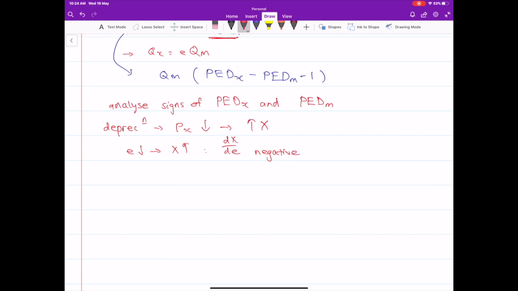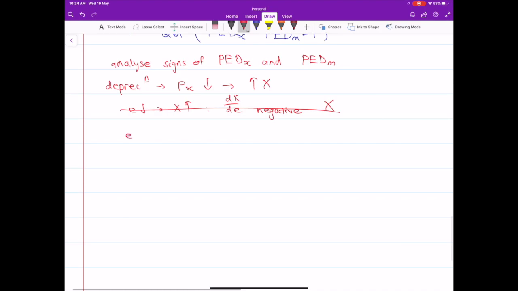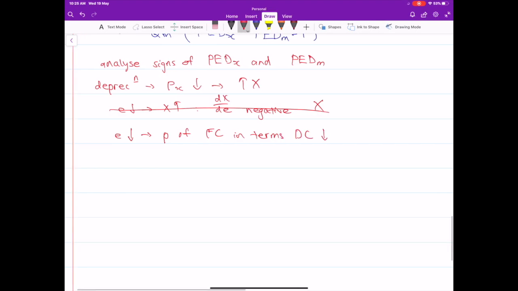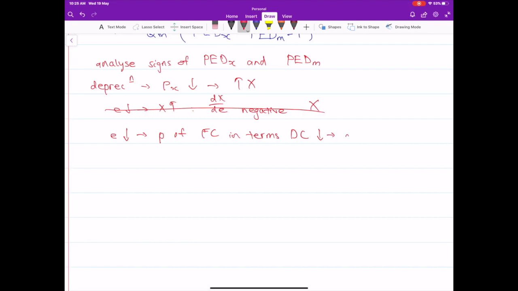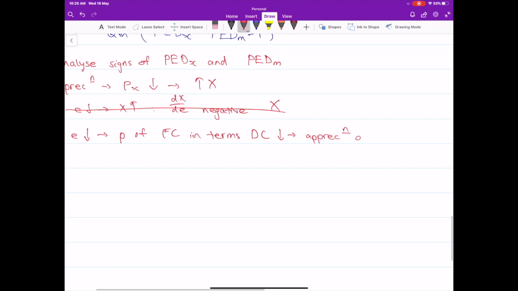However, this is incorrect, because when your E decreases, E refers to the price of foreign currency in terms of domestic currency. So when your E decreases, the price of foreign currency, FC, in terms of domestic currency decreases, which actually corresponds to an appreciation of your own currency, an appreciation of the domestic currency.